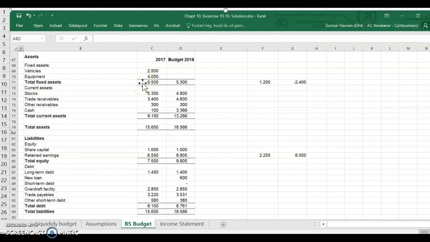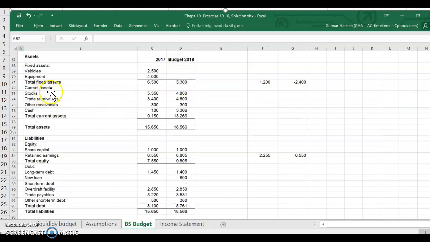We increased this by 1,200 investment, but we have from the income statement a depreciation of 2,400, so it is altogether a decrease of 1,200 here. So the new booked value of fixed assets is 5,300.